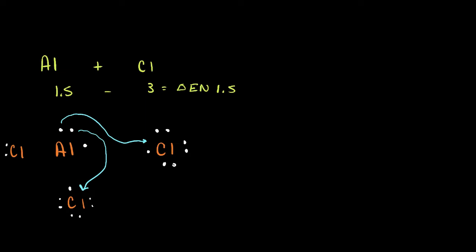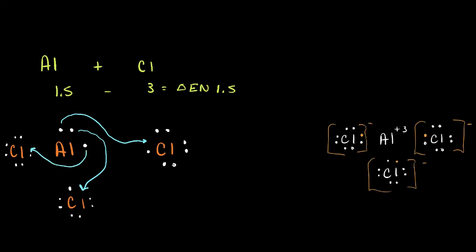If you have chlorine, it's got 7 valence electrons. So let's take a look. We draw that over. And sure enough, now aluminum needed to get rid of 3 electrons. Each chlorine needed to gain 1 electron. So now we have the correct number of aluminums to chlorines. Let's fill in our list. You had aluminum, you have chlorine.